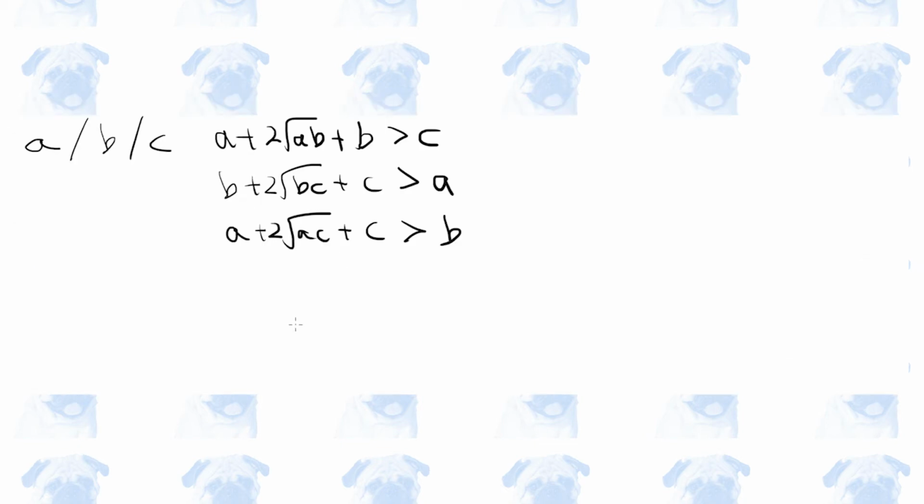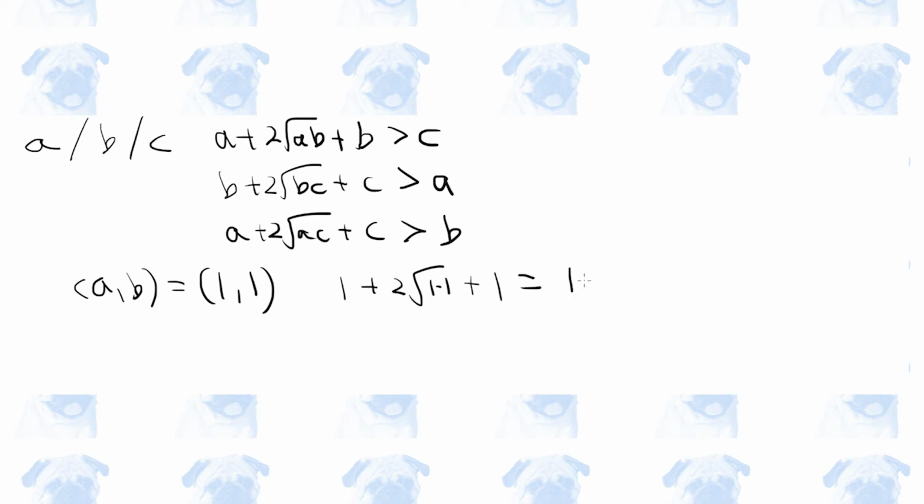Let's consider the cases where no triangles can be formed. Let's say A and B are both 1. In this case, 1 plus 2 root 1 times 1 plus 1, 1 plus 2 plus 1, which is 4.